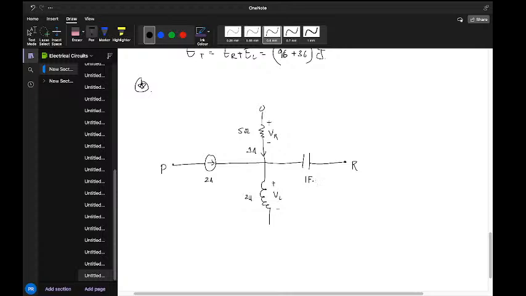Cool, guys. Also they have given V of R is equal to 5 volts, and V of C is equal to 4 sin 2t. We are interested in finding the voltage across the inductor.